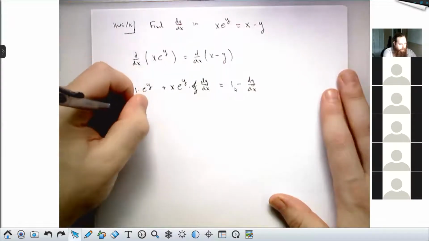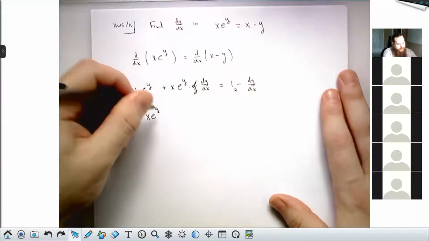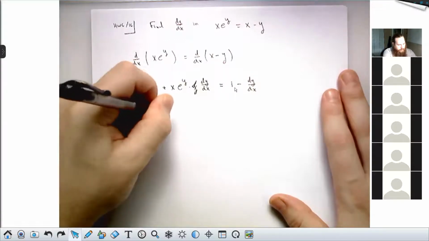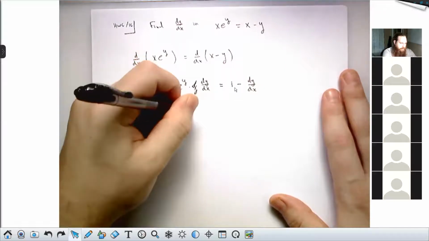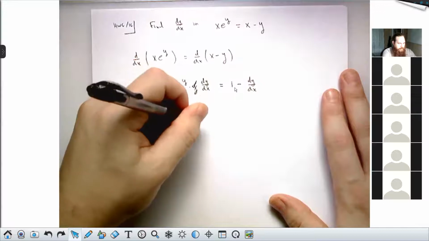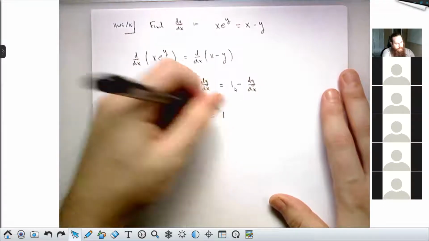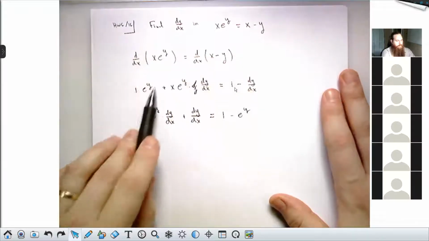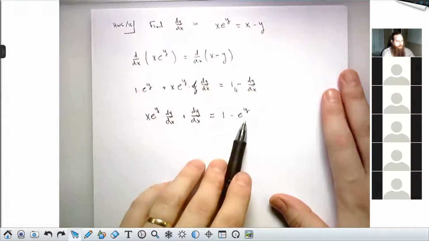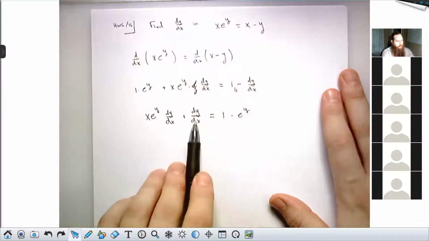So I will have x e to the y times dy dx plus dy dx equals 1 minus e to the y. So I subtracted this term over here, and I added this term over here.